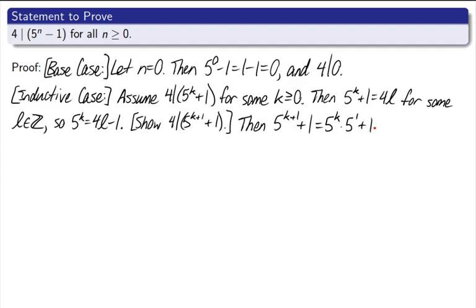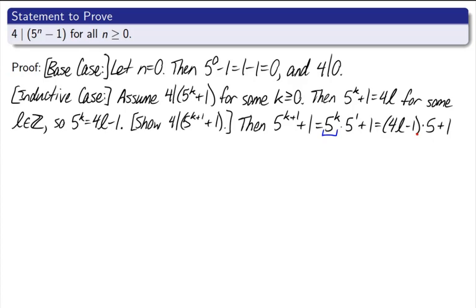Now here's where what I told you would help is going to come in handy. The 5 to the k here can be written as 4l minus 1. So let's take this 5 to the k and write it as 4l minus 1, and then I've still got a times 5 plus 1. Again, what I'm shooting for is to try to write this 5 to the k plus 1 as 4 times something.